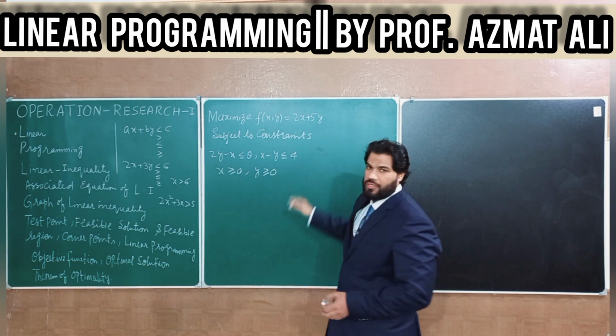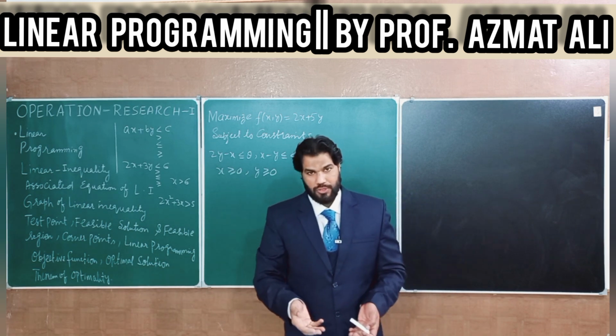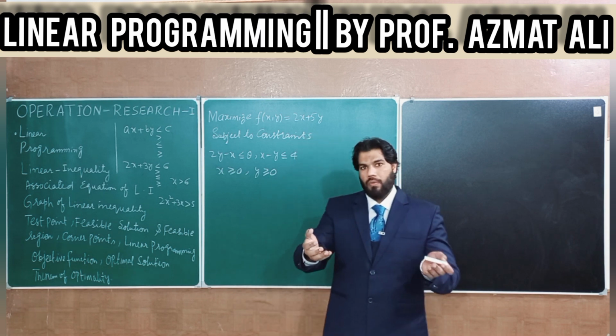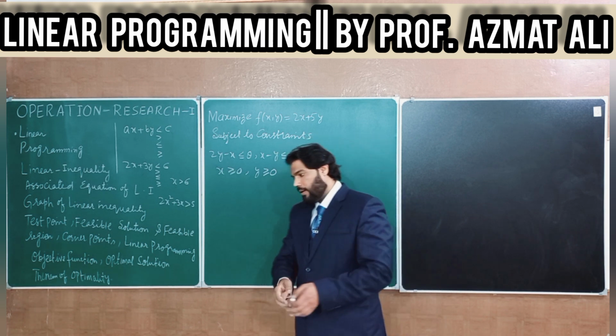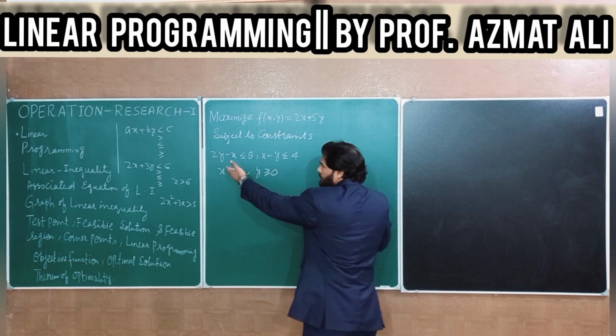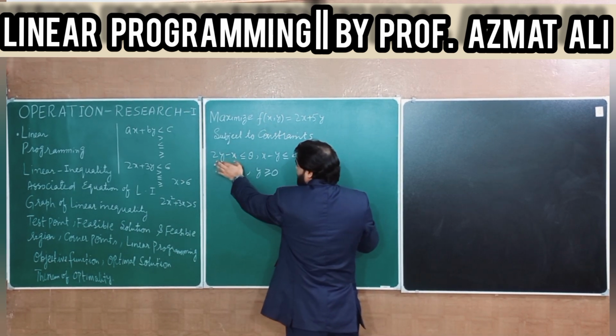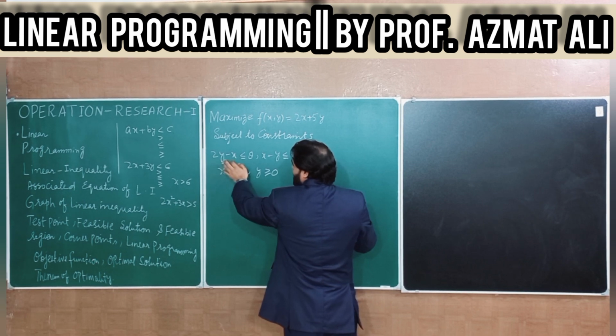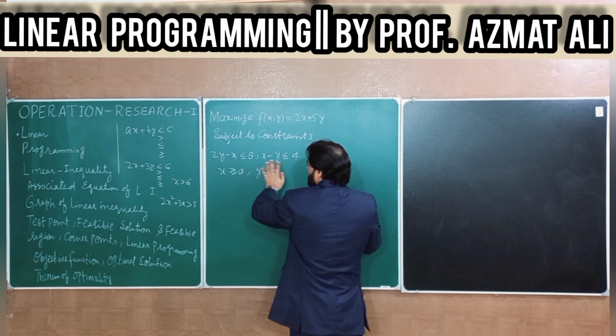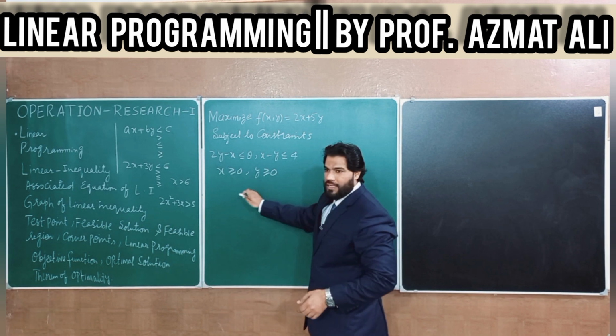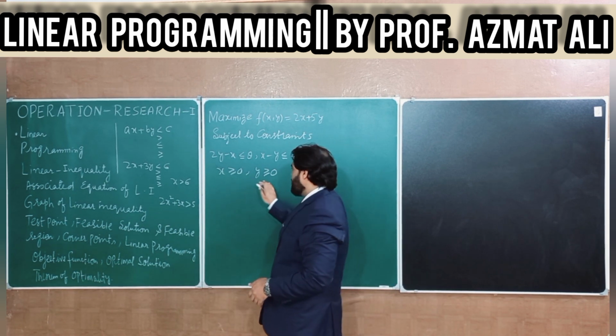Subject to the constraints. Constraints are some conditions. Like here, you see that you have to maximize this function under these conditions: 2y - x ≤ 8 and x - y ≤ 4, and where x ≥ 0, y ≥ 0.